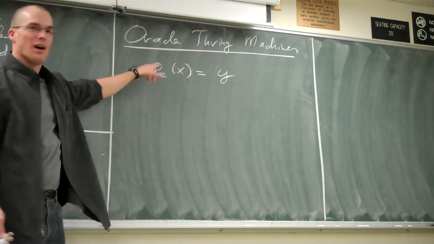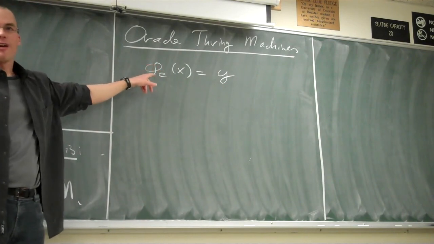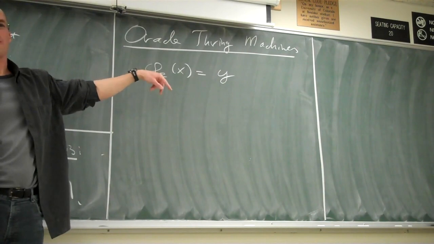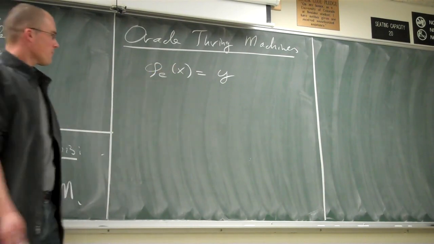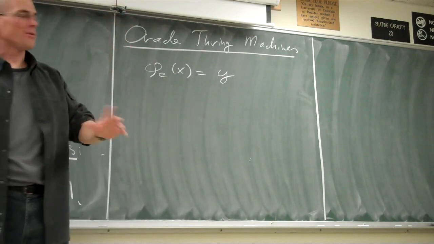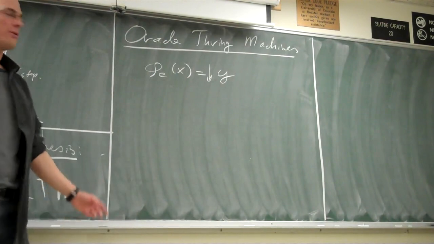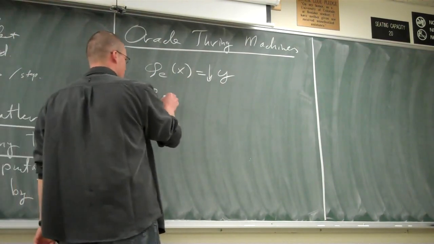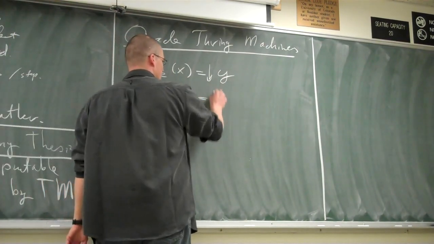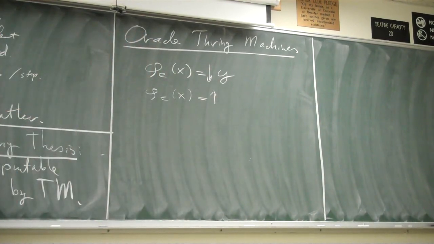So this is just a convenient way to write down that if I give the eth Turing machine input x, its output will be y. And sometimes when you're wondering about halting or not halting, you would say it halts and goes to output y, or phi e of x does not halt, which is indicated by an up arrow.